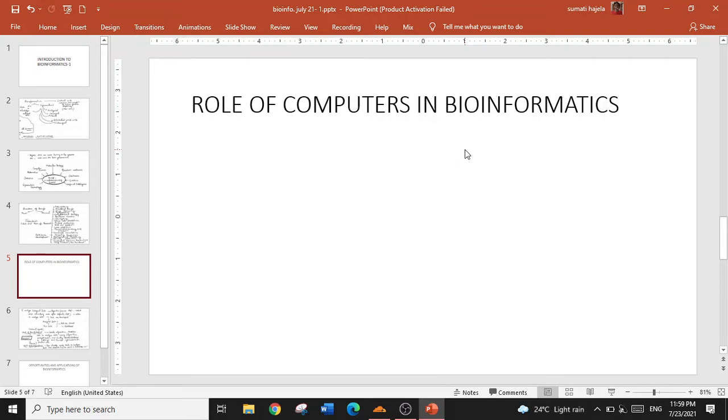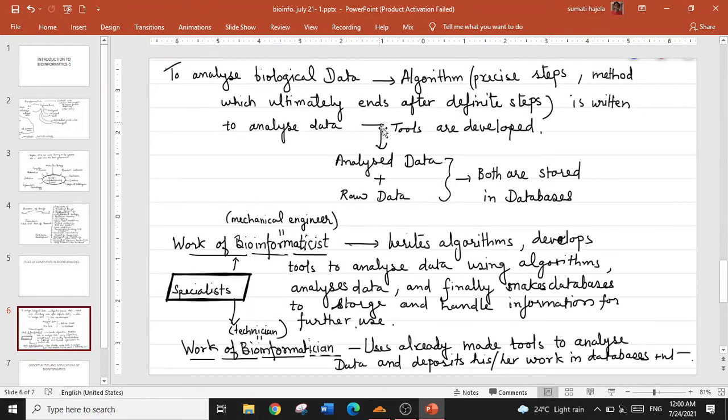We use the computer as a medium to analyze biological data. To analyze biological data, an algorithm is written. What is an algorithm? An algorithm is a precise method which ultimately ends after different steps.